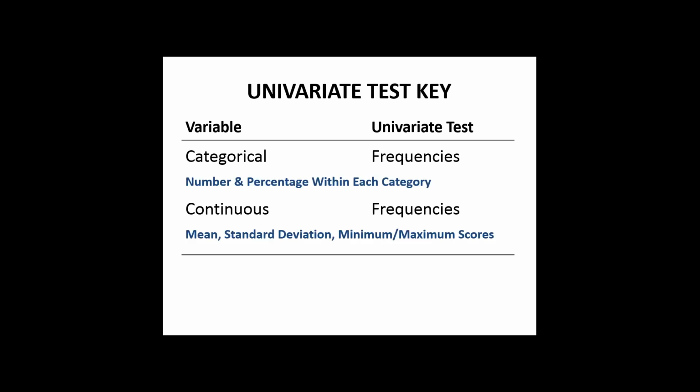When we're looking at the categorical variables, we may look at something like the number and percentage of residents within each category, number of male, female, and so on. And when we're looking at the continuous variables, we're looking at things like the mean, the standard deviation, minimum, maximum scores. That'd be for something like age, the average age, the oldest, the youngest.